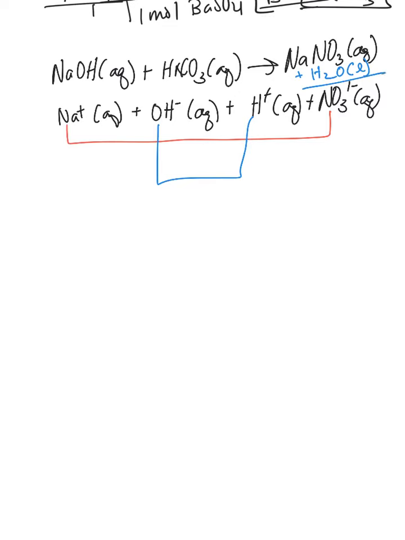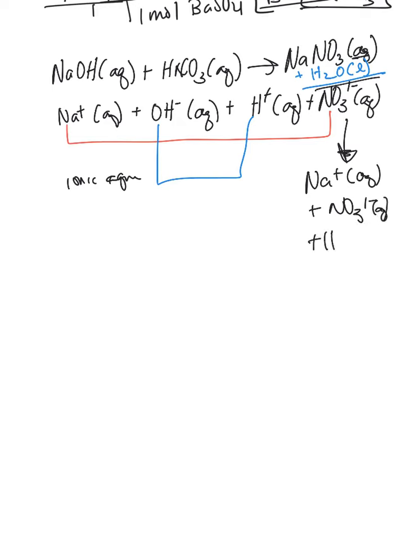So then go ahead and finish writing your ionic equation. Since sodium nitrate is aqueous, we break those up into its ions, and we keep water together because it's a liquid. And is this balanced? We have 1 sodium, 1 nitrate, 2 hydrogens. Yes, so it's balanced. So we don't have to worry about putting coefficients in there.